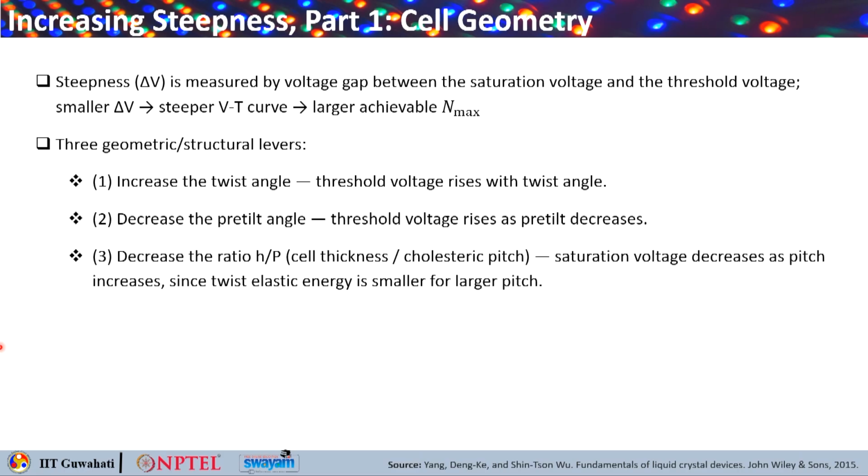But one thing important to understand is that none of these levers are basically free. Okay, each involves other material or optical trade-offs. For example, changing the twist angle affects other optical parameters which we covered earlier in the course.